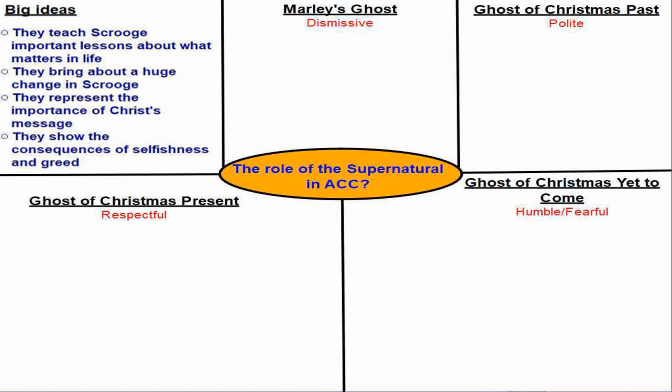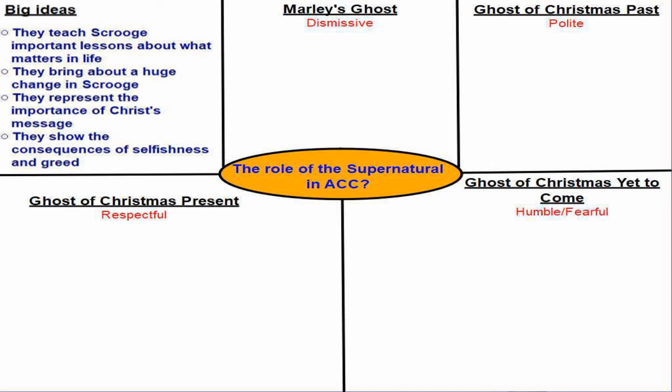The second main point I think you should always mention, whatever the question is, certainly for the supernatural, but pretty much any question at all, is the Christian message. The fact that the supernatural is there to reinforce the Christian message to Scrooge, but also to the readers, because it's called A Christmas Carol, because Christmas is a celebration of Christ.